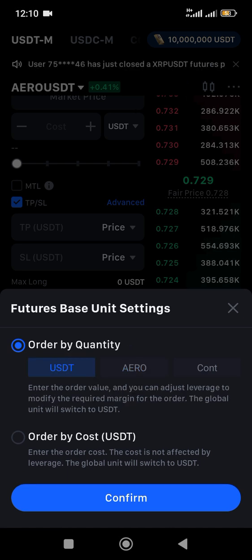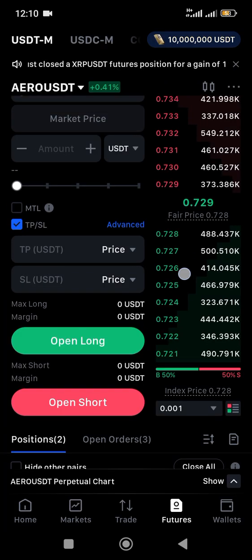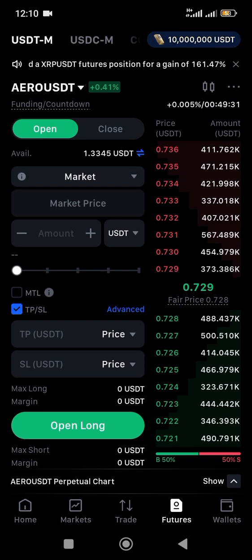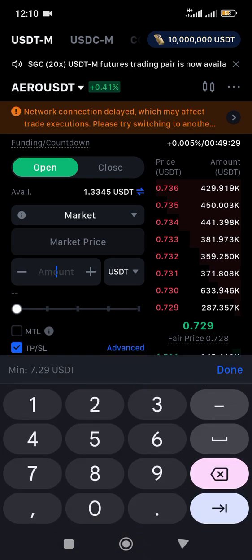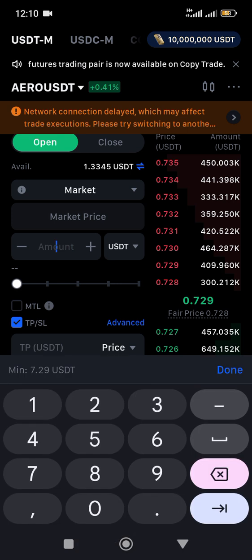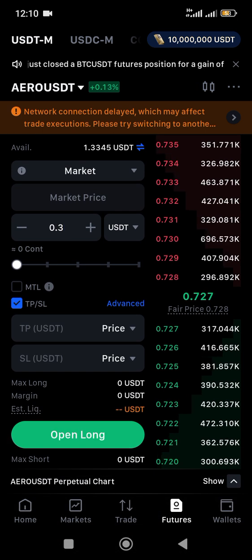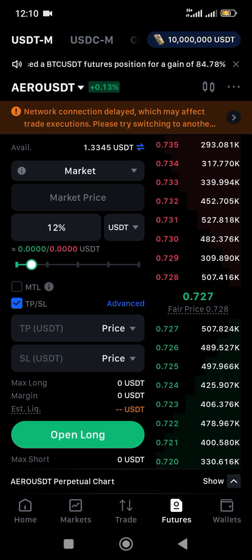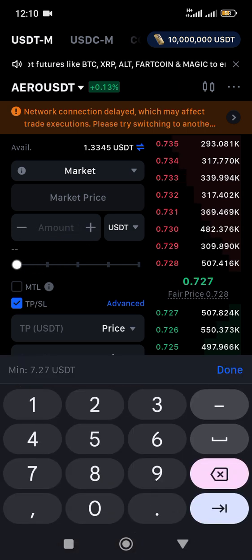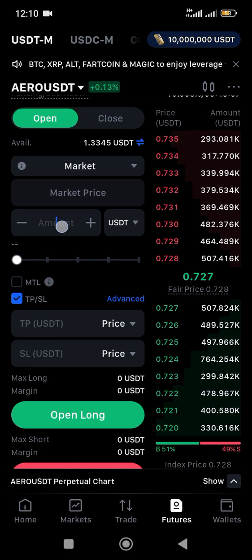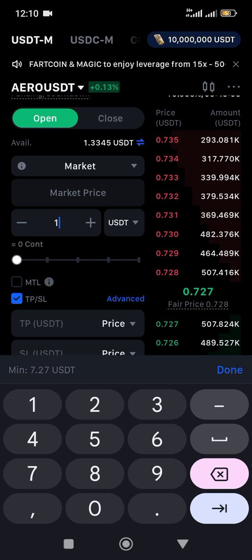All right, so that is it. Let's assume we are taking order by quantity in USDT. You come here and enter the amount of USDT you want to use to buy this token. Let's choose 0.3 USDT, for instance. Okay, let's take 1 USDT.